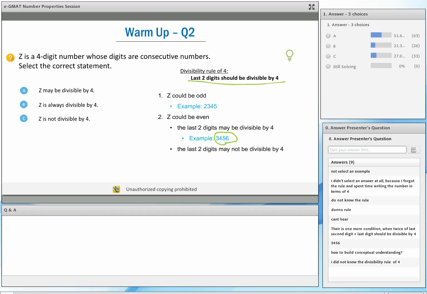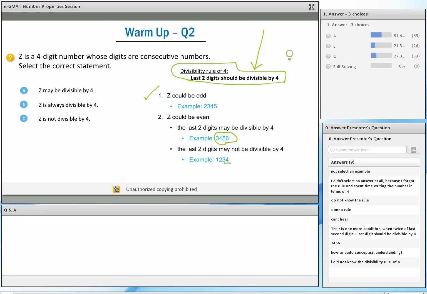Now, there are also cases in which the last two digits may not be divisible by 4. For example, 1, 2, 3, 4. In this case, 34 is not divisible by 4. So just think about what it is that we are doing. We are picking up a concept, the divisibility rule for 4, that the last two digits should be divisible by 4.